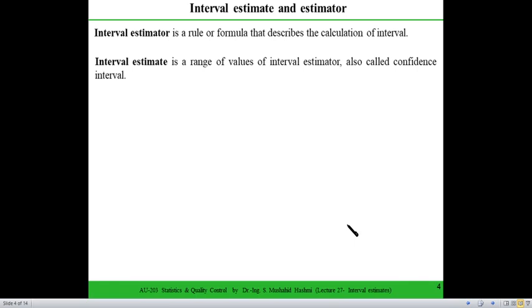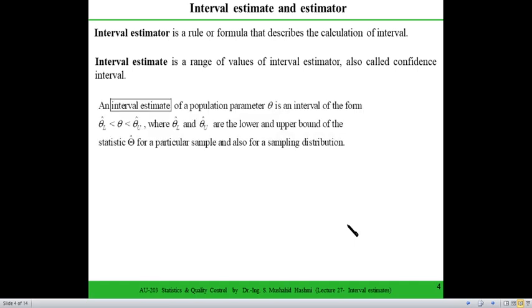So the same thing holds with the interval estimation process and the interval estimator, which is from sample data and is some formula or strategy which allows us to calculate the interval. The particular values of that interval, these data points, are called interval estimates, and sometimes these interval estimates are also called confidence intervals. Once we see it in Minitab, we will better understand what the estimators are and what the estimates are. So formally we call it an interval estimate, which always comes from a sample.